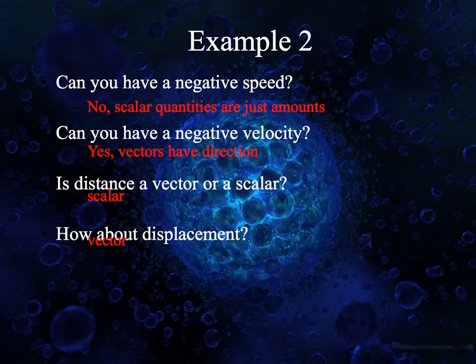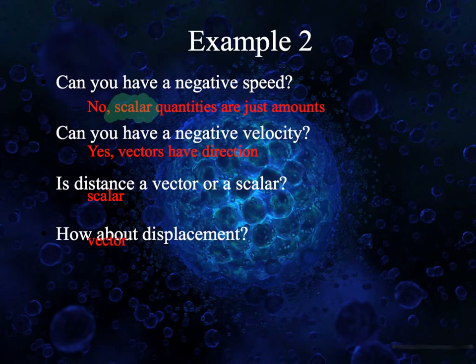Now, a couple things I want you to think about. Can you have a negative speed? Well, if speed is just a value, just a number, we can't attach a negative to it, because a negative indicates direction. Speed is a scalar quantity, so you cannot attach a negative to it.